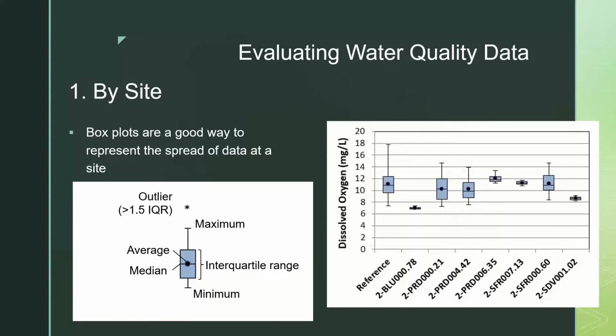So the first thing we may want to do, particularly looking at water quality data, is to look at the data by site. Okay, again, hopefully we've got multiple stations within the watershed, particularly if we have a TMDL project where we've got multiple TMDL listed streams, we'll definitely have multiple stations.